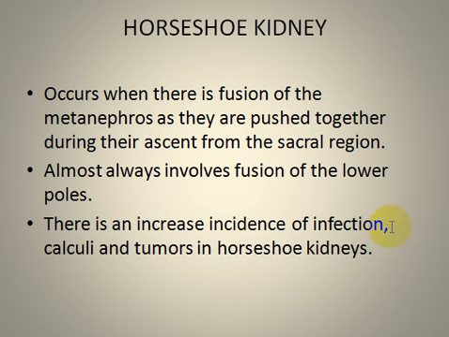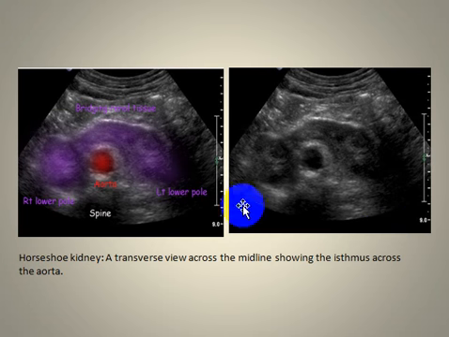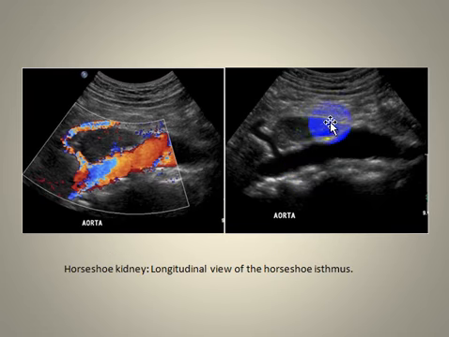And this horseshoe kidney has an increased incidence of infection and calculi and tumor. As you see here, this is the right kidney and this is the left kidney, and it is fused in the midline and this is the aorta. And this is the smooth fusion. It is anterior to the aorta, as we see in this ultrasound image.